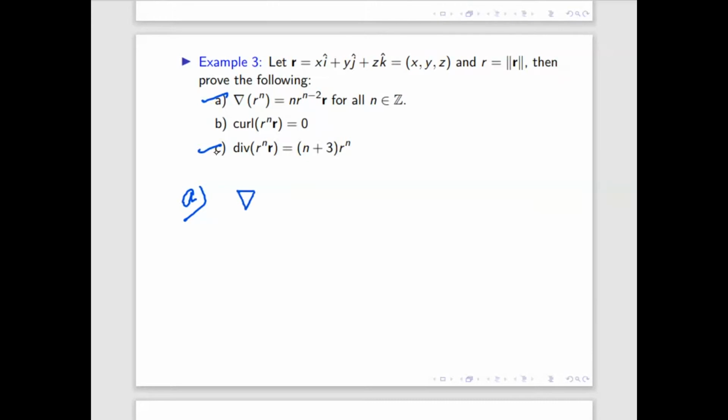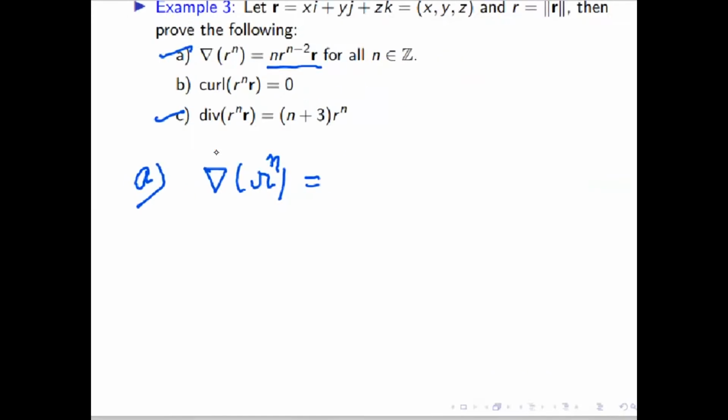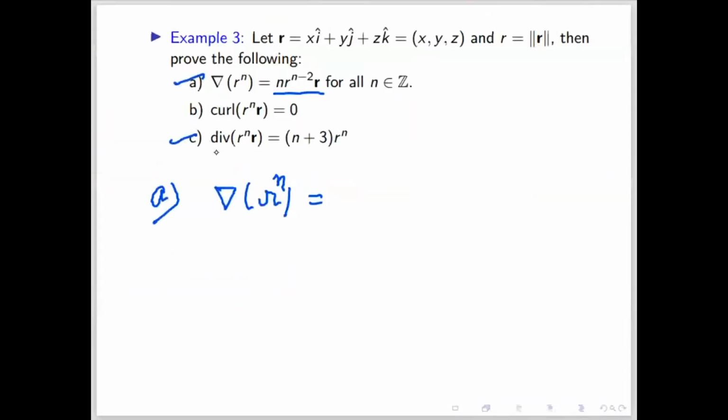So the A part is del r to the power n. We have to show that this one. So this r means this r, the norm of r. So what is the r value? This is vector r. Then what is the norm of this r? Under root x square plus y square plus z square.